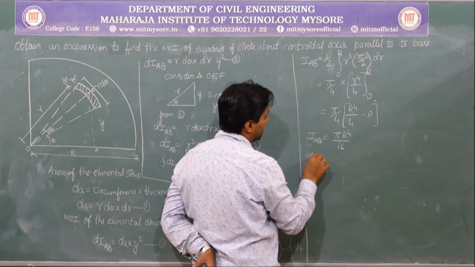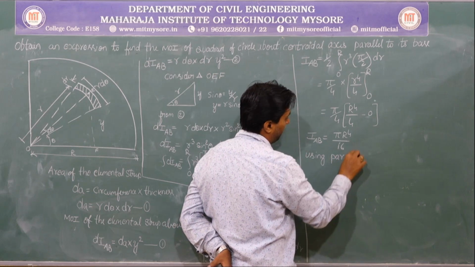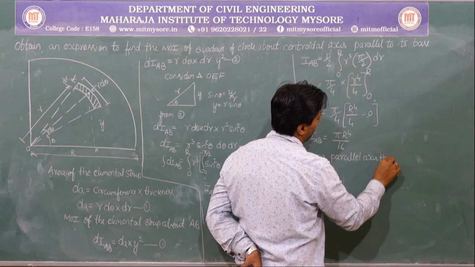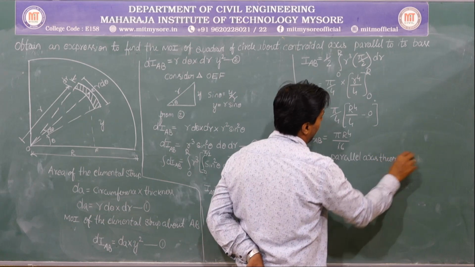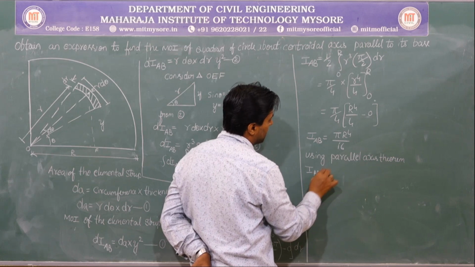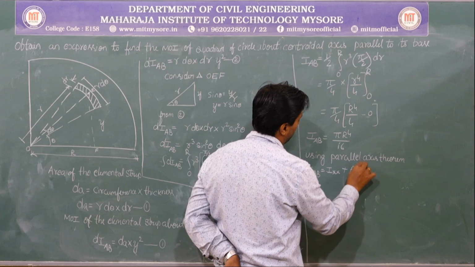So, using the parallel axis theorem. I think you people remember. So, IAB is equal to IXX plus AH square.